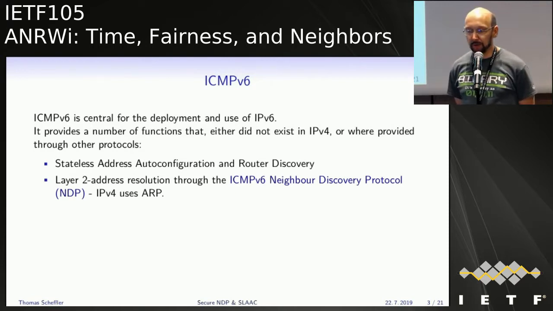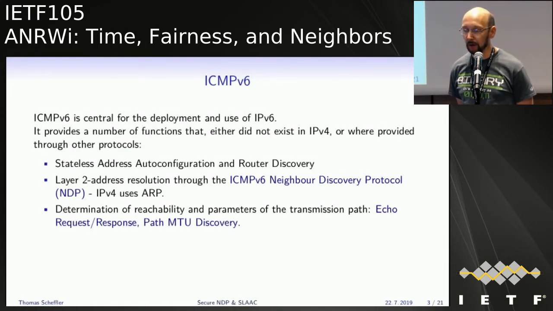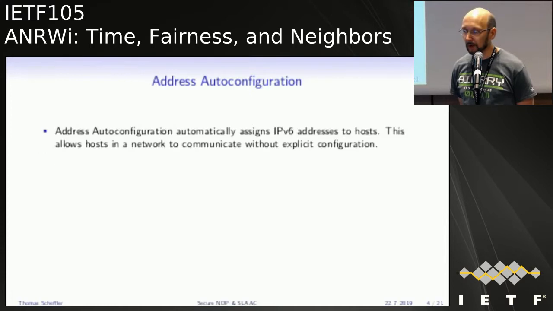We have a different address resolution process than in IPv4, and we now have all kinds of other options, such as multicast discovery. All these changes led to a fairly different protocol from IPv4, and this opens up several possibilities to exploit it.